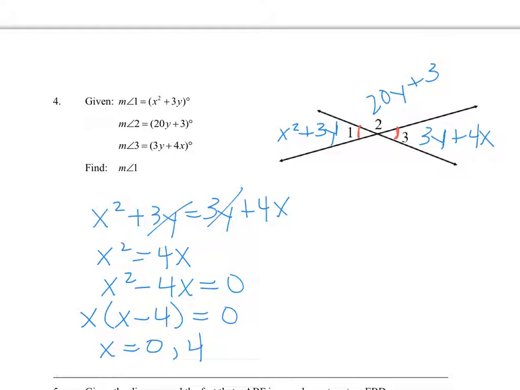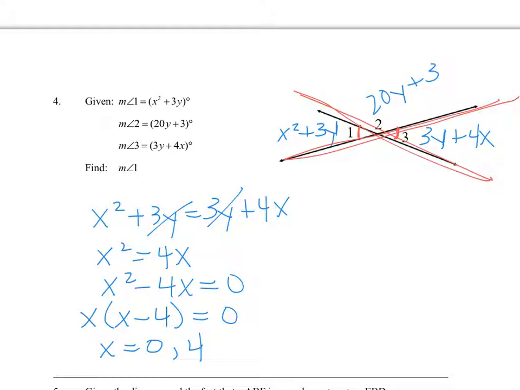So how are we going to figure out our value for y? Take a look. We have two straight angles here, and it doesn't particularly make a difference which one we choose to write our equation for.